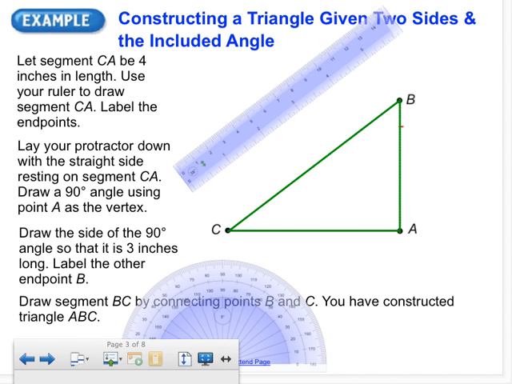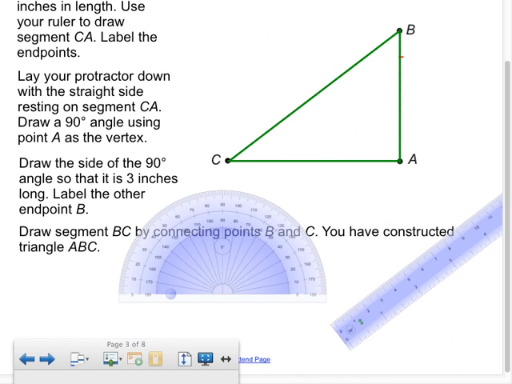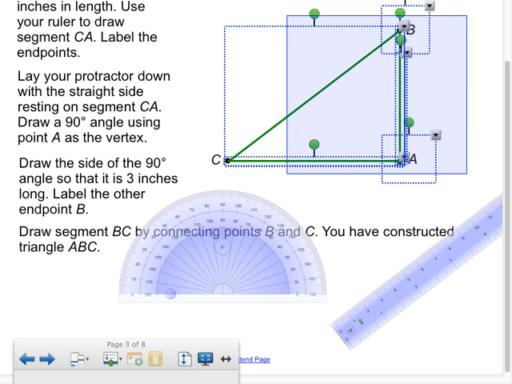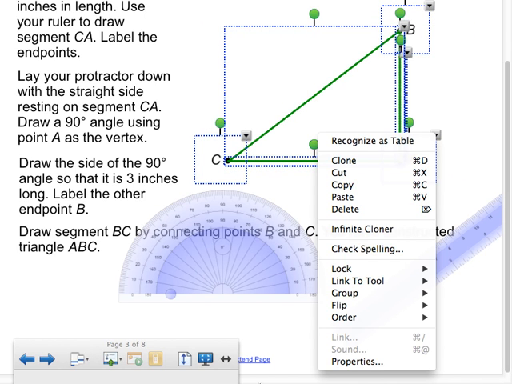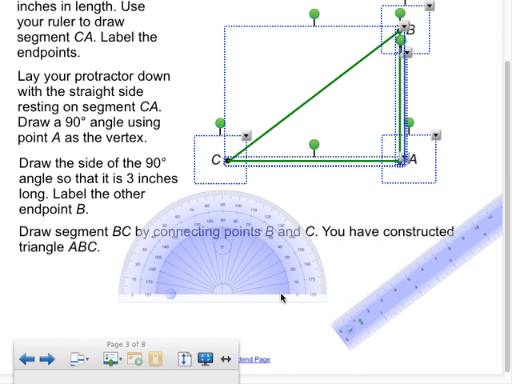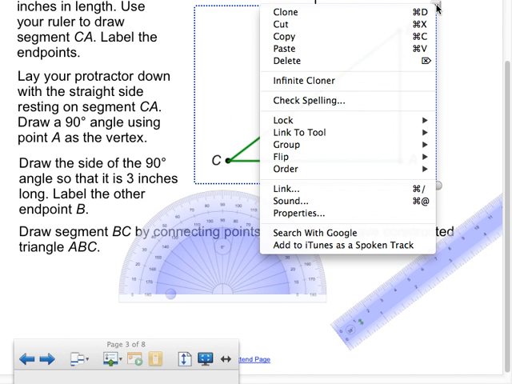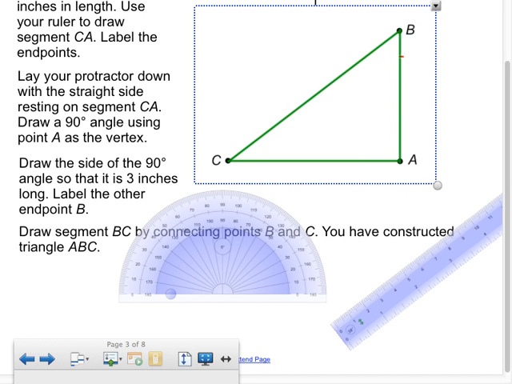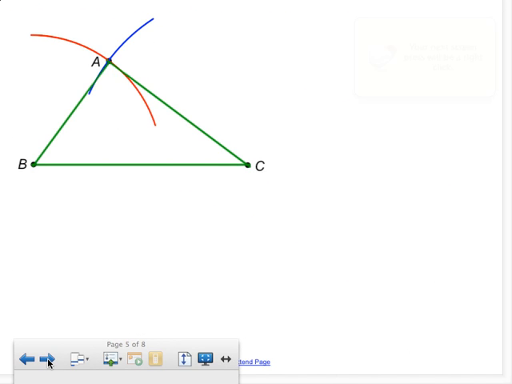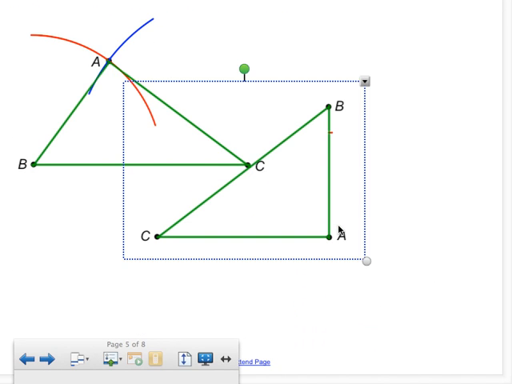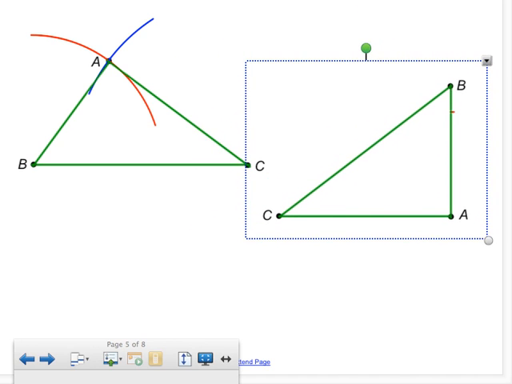And now I have my second triangle that I'm going to put on my last page for comparison. Okay, that's my other triangle. There's my first one and my second one.